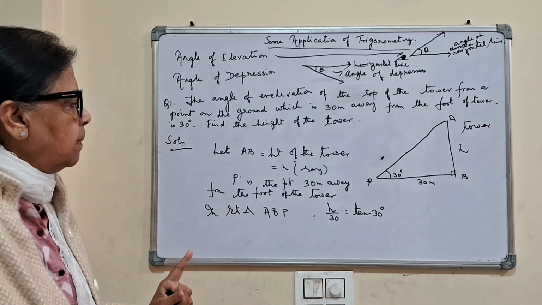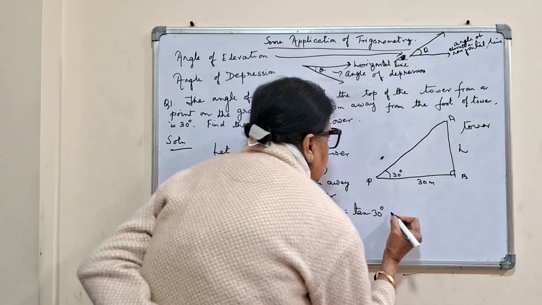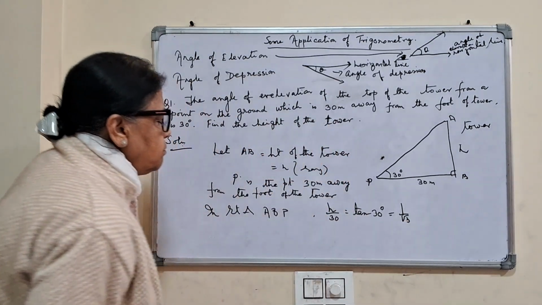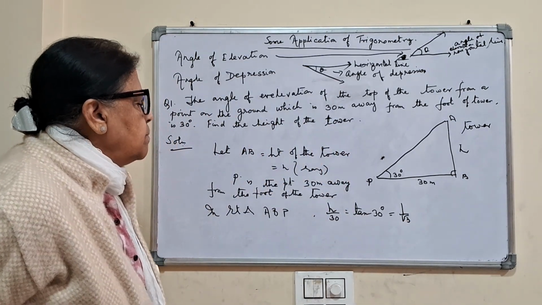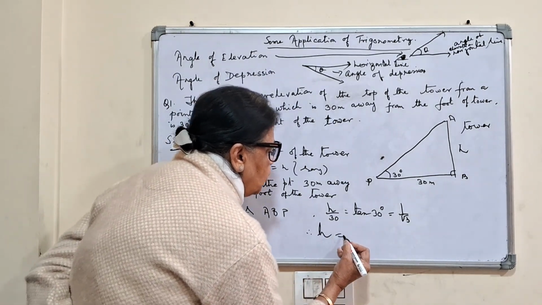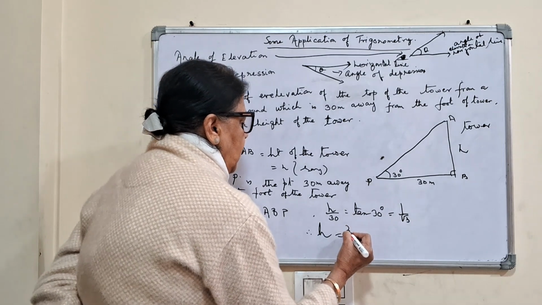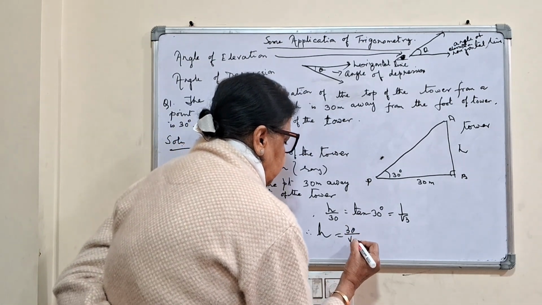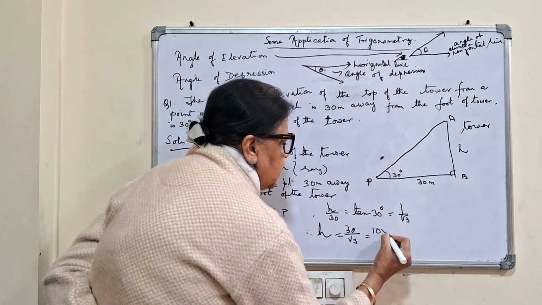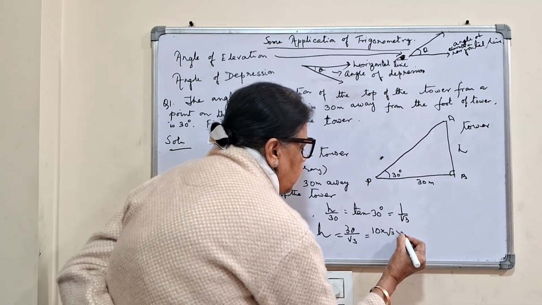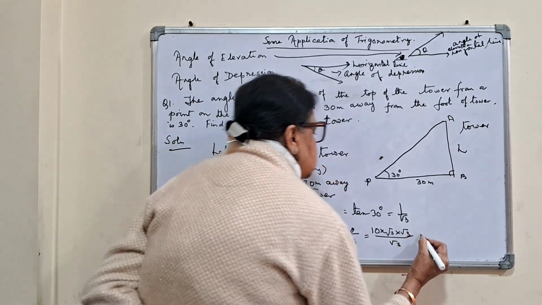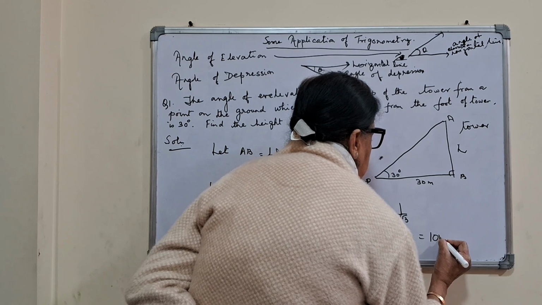Tan of 30 is 1 by root 3. Therefore, H is equal to 30 by root 3. Multiplying by root 3 over root 3, that is 10 root 3.